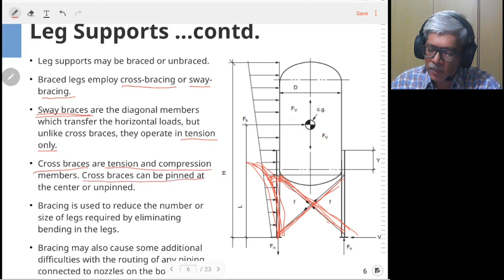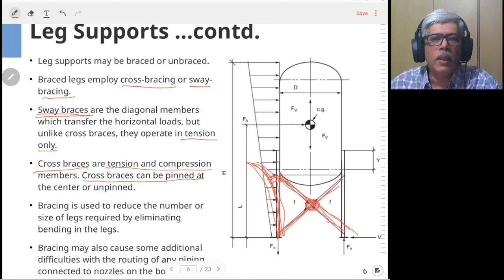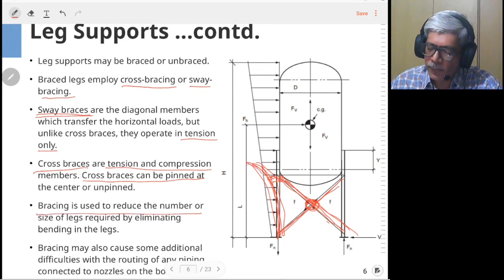The cross braces can be pinned, so at the joint they can be pinned to each other, or they may be unpinned. Essentially, as I discussed, the bracing prevents the rotation or bending of the legs. So any leg which tries to bend is pulled back by the presence of braces.